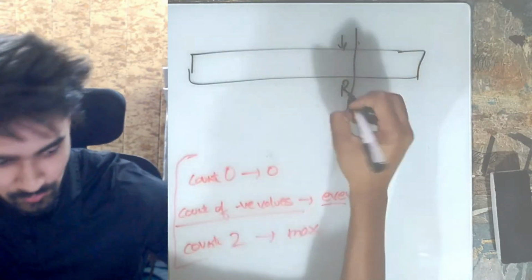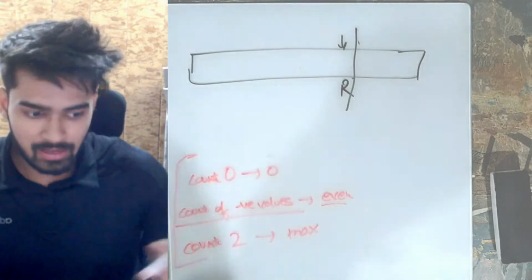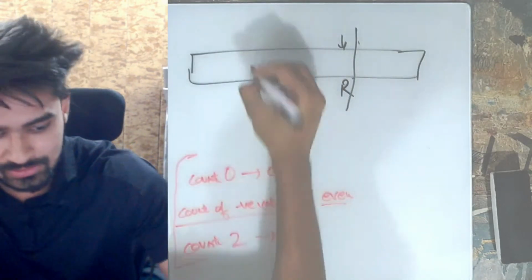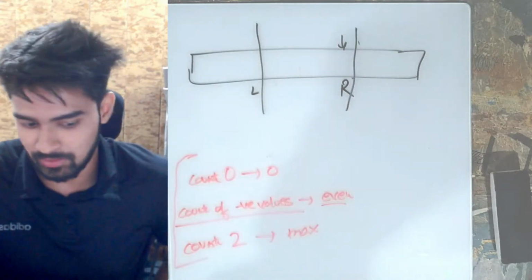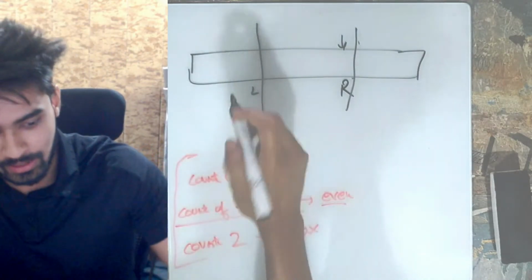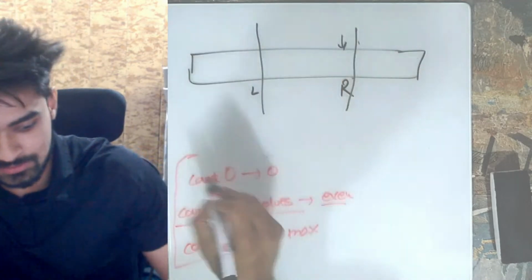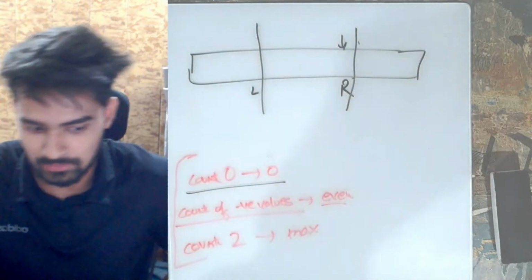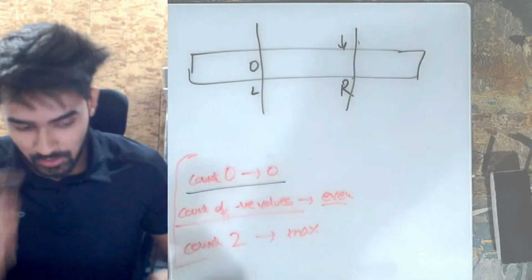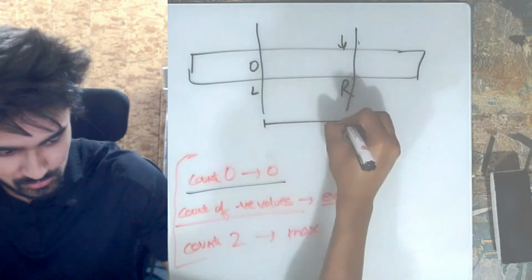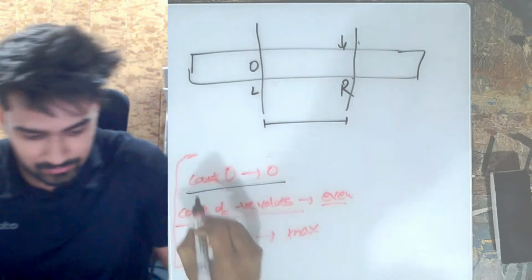So I'll remove all the elements after this and now try to see what is the value of L. How do I do that? I can easily store when was the last 0 that I had. So let's say we had a 0 before this.